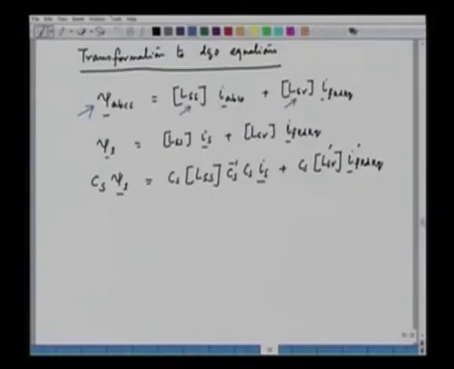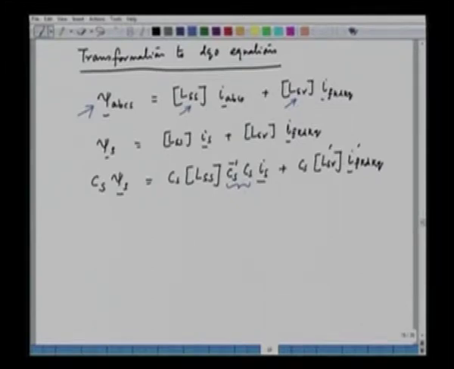So if we pre-multiply by C_S in this case, we have C_S into psi_S. Psi_S is the same as psi_ABCS, that's equal to C_S L_SS, the inductance of the stator, C_S inverse into C_S. So here we actually have C_S inverse into C_S, because this will be the identity matrix. There is no change of the value of the equation here.